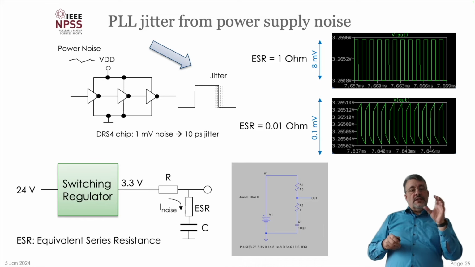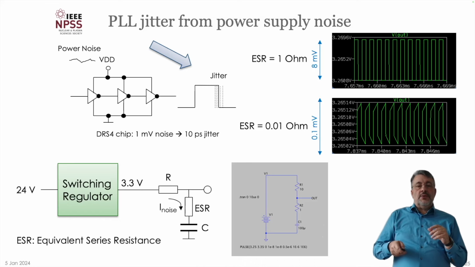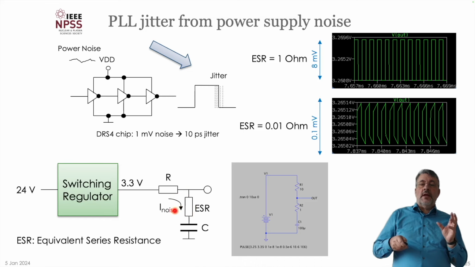So if this RC filter wants to filter your power supply, there has to be actually some current going into the capacitor and some current going out of the capacitor. If the ESR is non-zero, you have a voltage drop there, and this voltage drop induced by this current shows up as a variation of your power supply, and that can actually kill you.